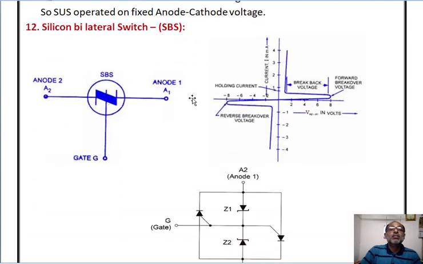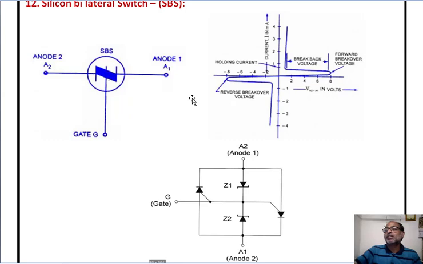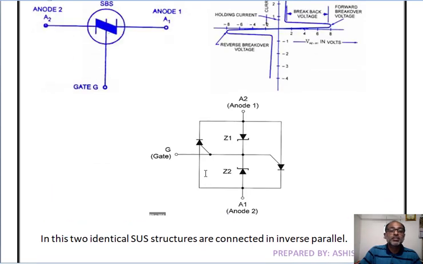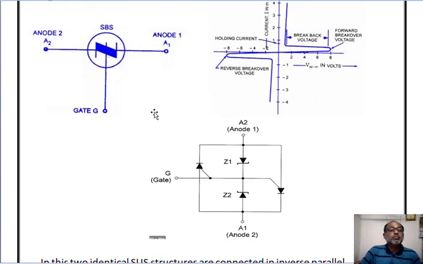Next, silicon bilateral switch. Here this is the symbol. It has three terminals: anode 1, anode 2, and the cathode. This is the equivalent circuit of the silicon bilateral switch. As shown in this figure, two identical SUS structures are connected inversely parallel.